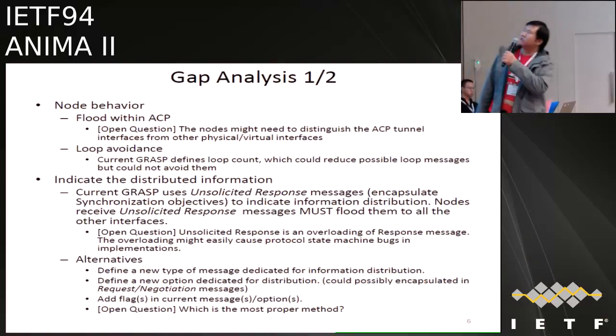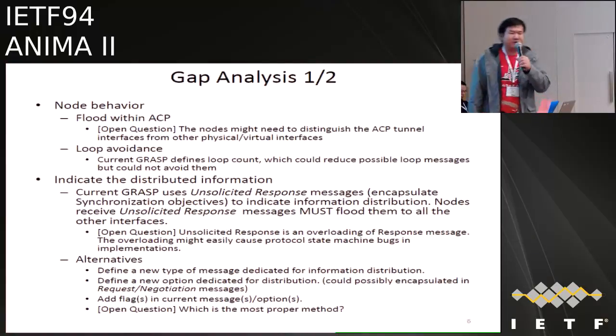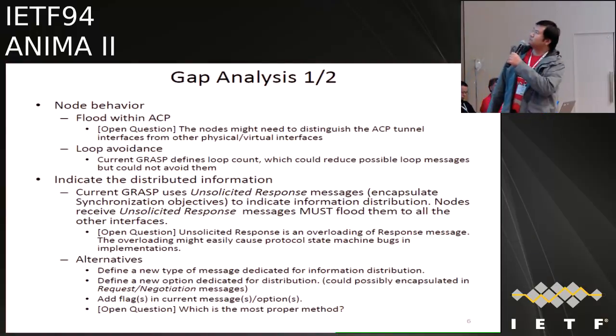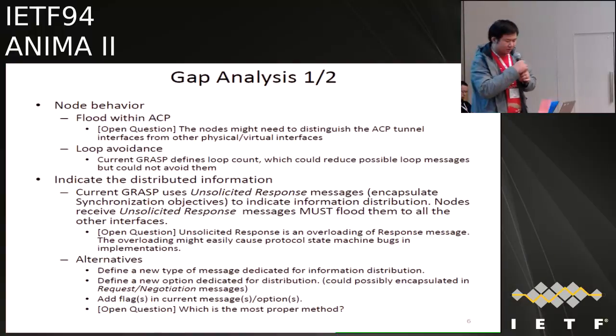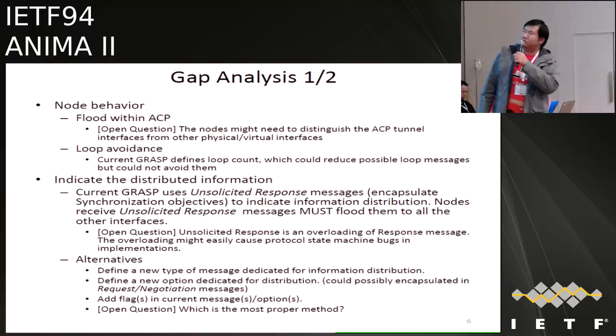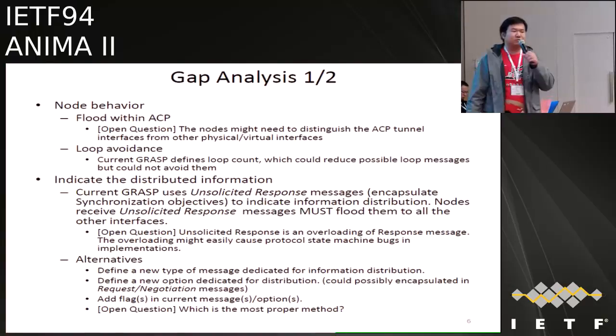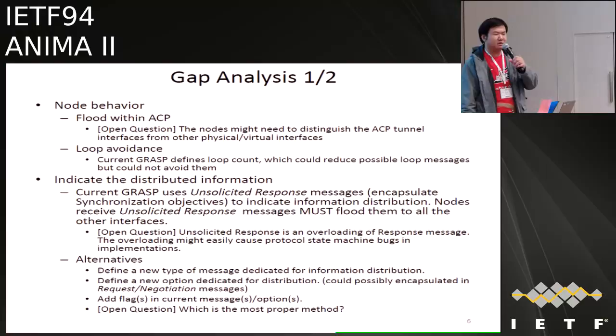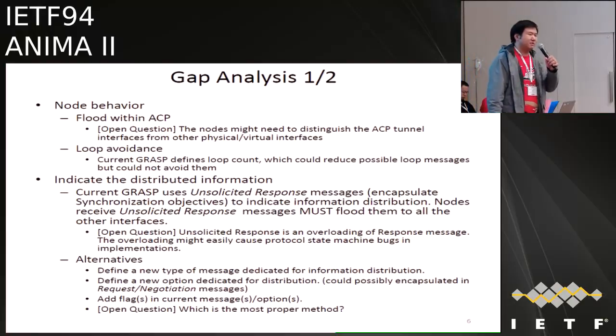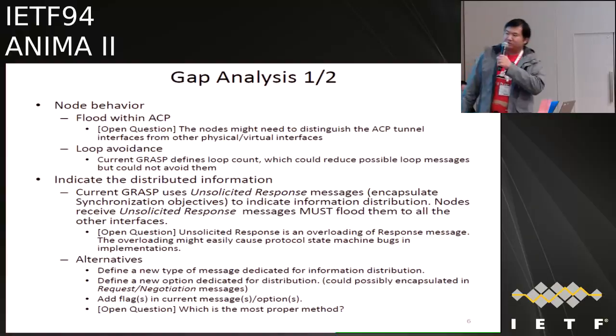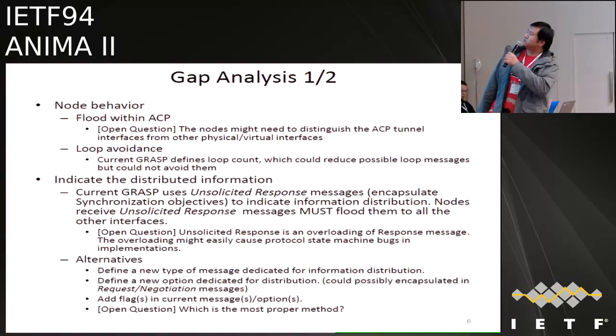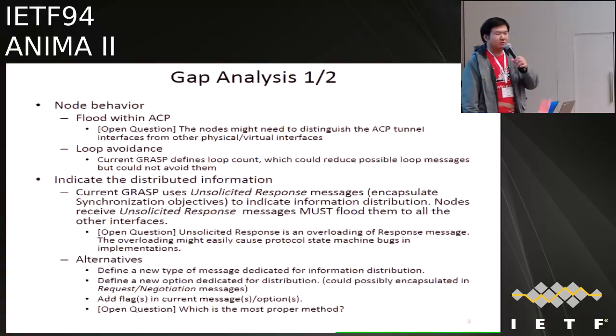For the node behavior, we need to flood within the ACP. Actually there's no essential problem of flooding in ACP because from a node perspective, the ACP is just a kind of interface. But the question is, shall we distinguish the ACP tunnel?